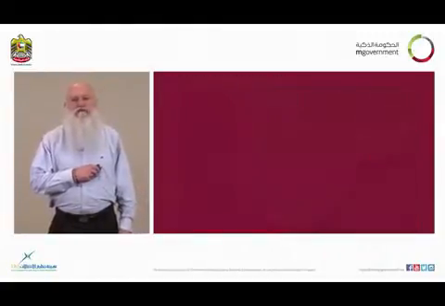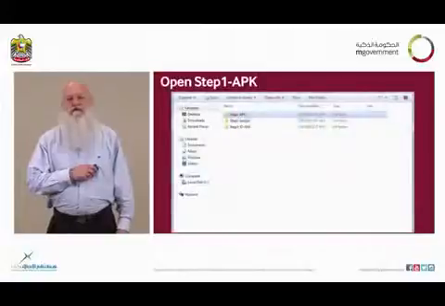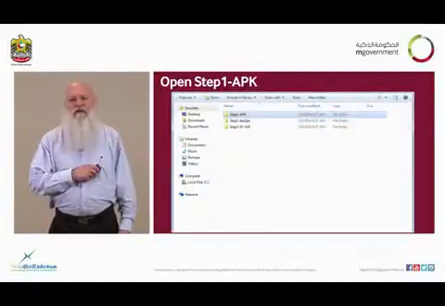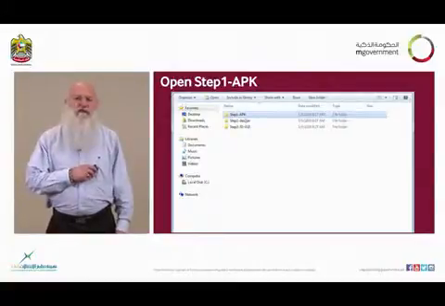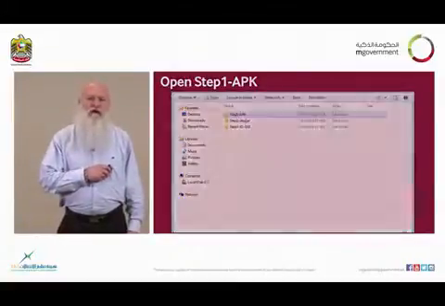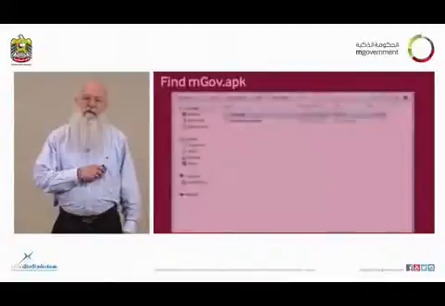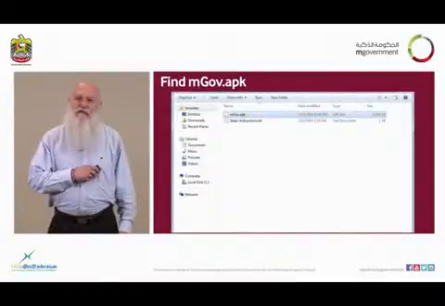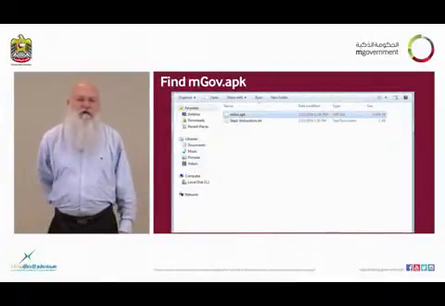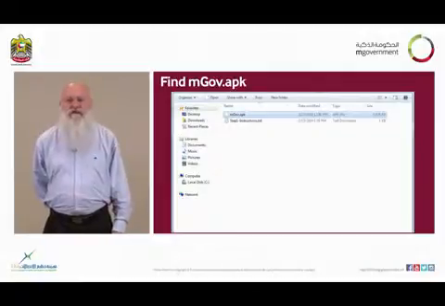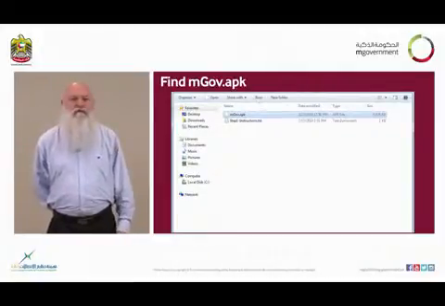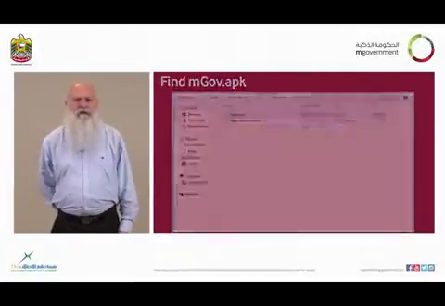Double-click to open it, and within that folder you'll find 3 folders labeled Step 1, Step 2, and Step 3. Open the Step 1 folder and you will find an mgov.apk application file and a file labeled Step 1 instructions.txt. Open the Step 1 instructions and follow the directions.